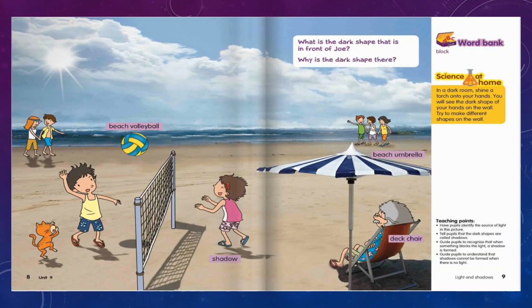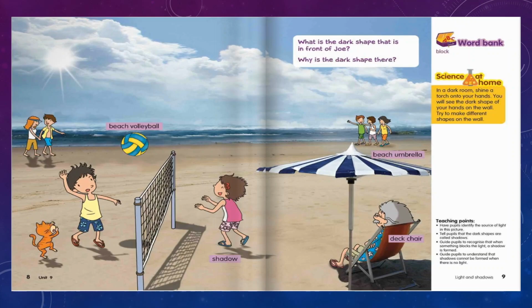Here we have a light source, in this case, a natural light source. Remember that we discussed in the previous lesson that light can be natural or artificial. In this case, this is natural. And of course, here we have our friends playing volleyball. They are playing beach volleyball, and that's the name of the sport, and the ball.